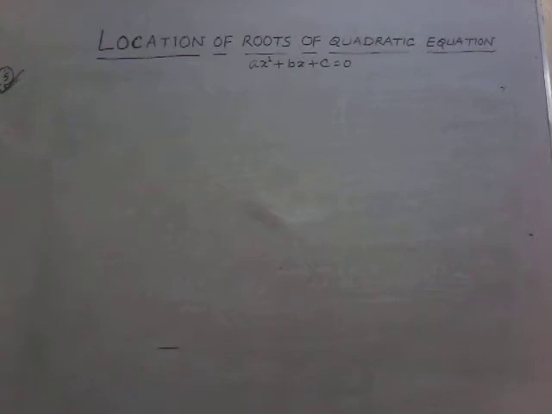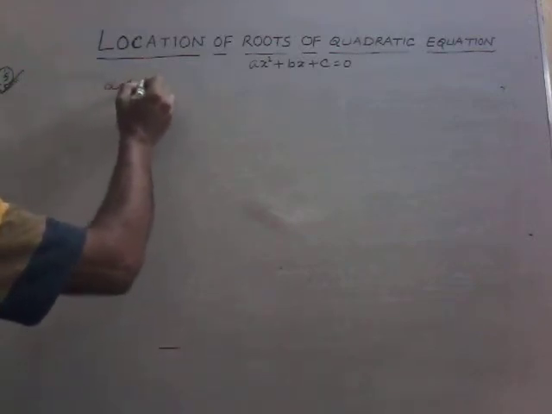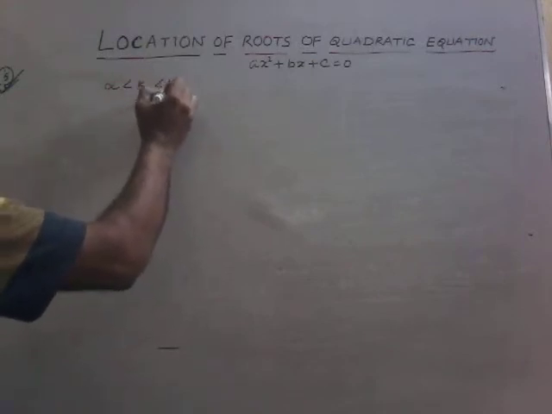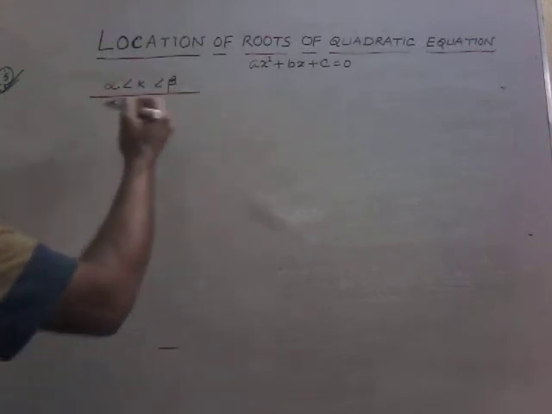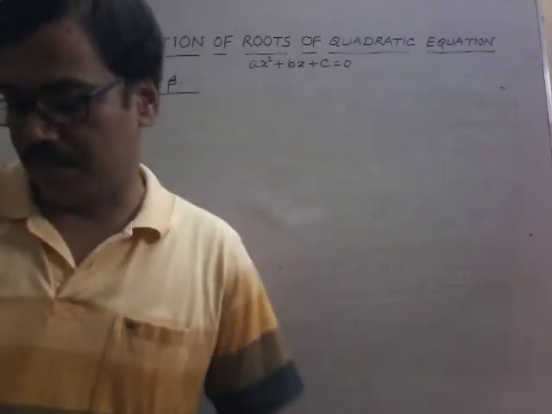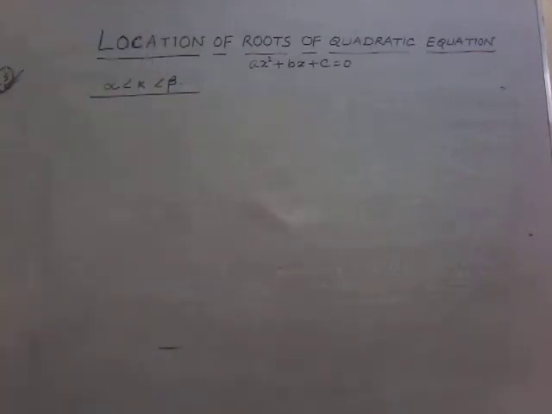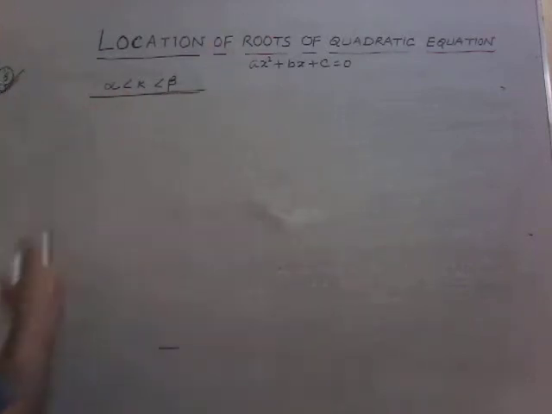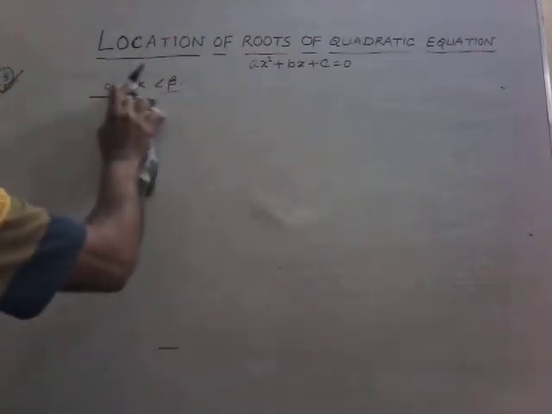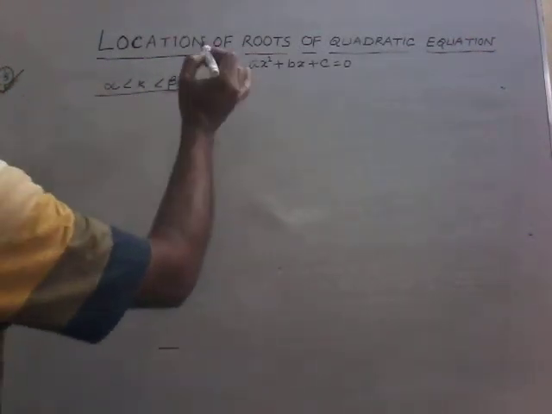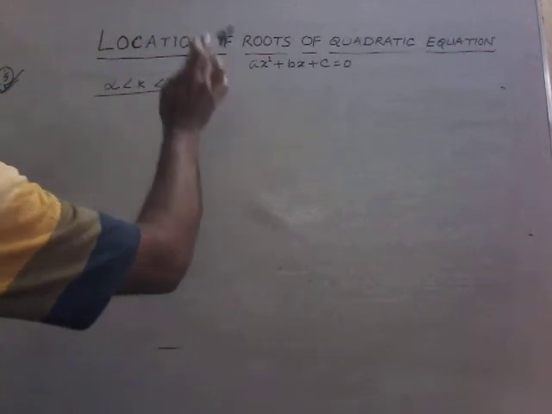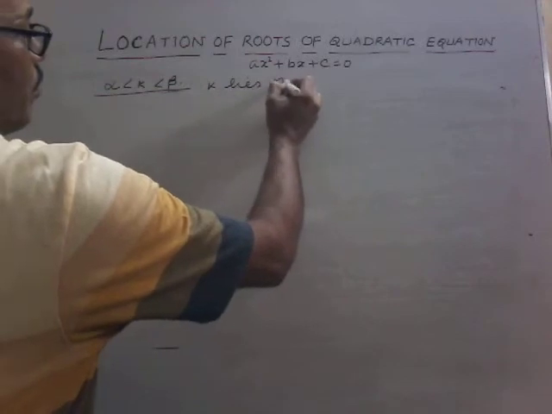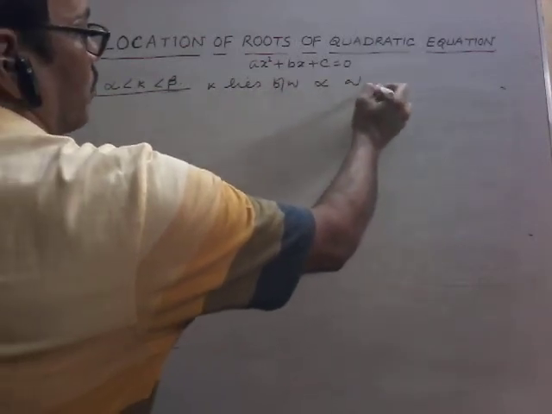So write alpha less than k less than beta. So k lies between alpha and beta.